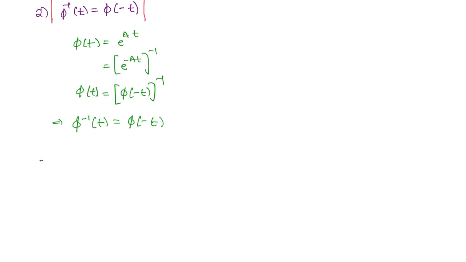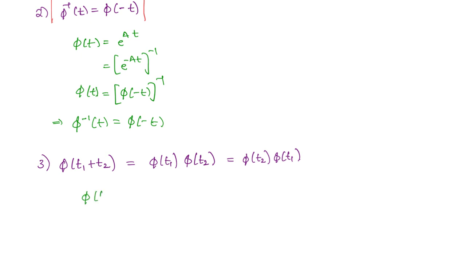Next, the third property is phi of t1 plus t2 is equal to phi of t1 into phi of t2. This will also be equal to phi of t2 into phi of t1. The order will not matter here. You can prove this from the same expression. Phi of t1 plus t2 is e to the power A into (t1 plus t2).